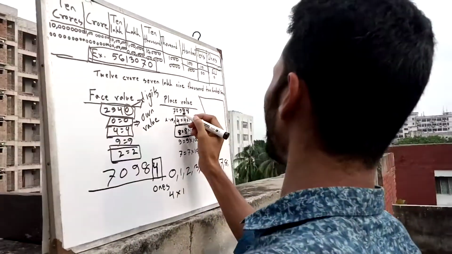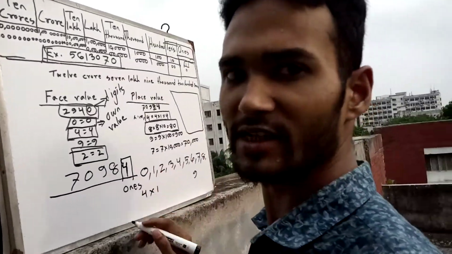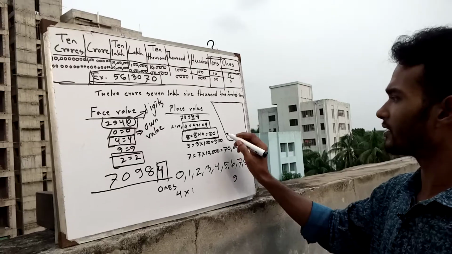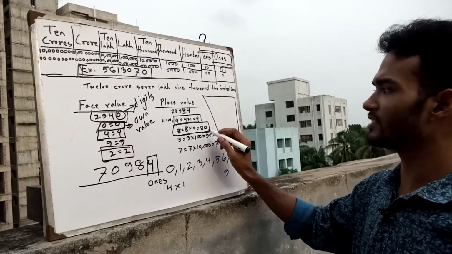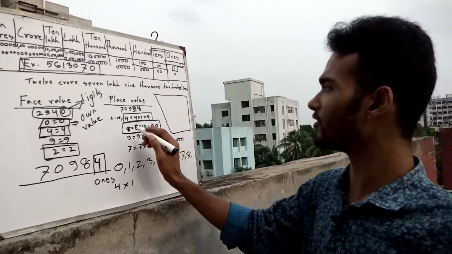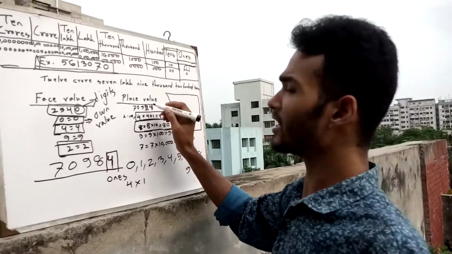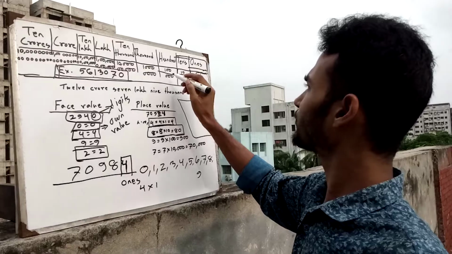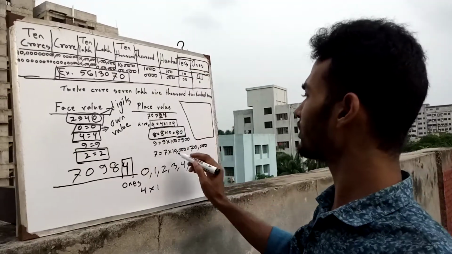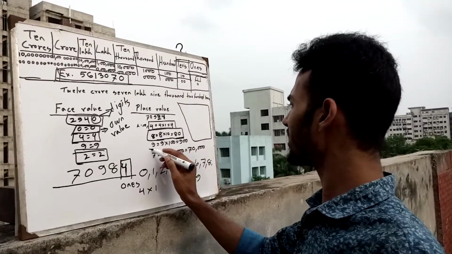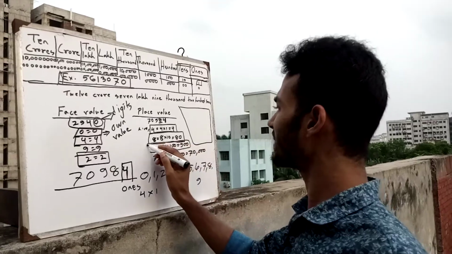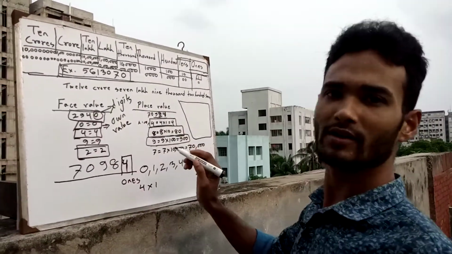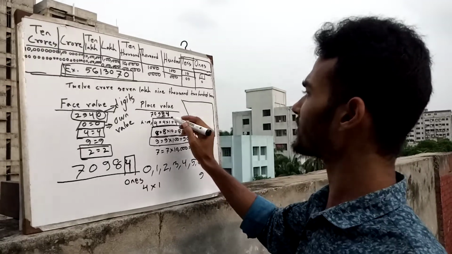Here are the digits 80 and 4, jointly 84. Then the third numeral is 9, in the 100 position, so we multiply it by 100 and find 900. So 984 is the value of the first 3 digits.